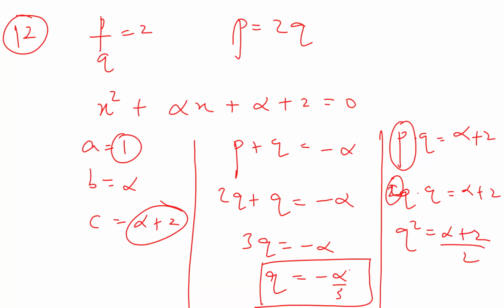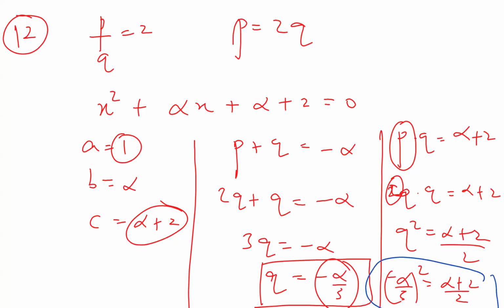Now q is minus alpha by 3, so minus alpha by 3 the whole square is equal to alpha plus 2 by 2. Now you simplify this. You can solve this further by opening the brackets and cross multiplication. Simplify this, you will get a quadratic equation. You can solve that particular quadratic equation and you may get the values of alpha. This was question number 12.